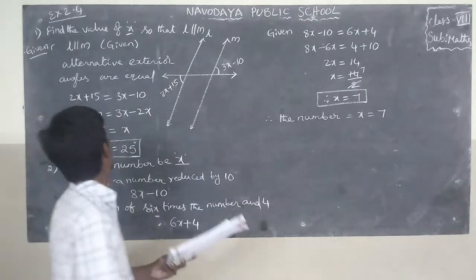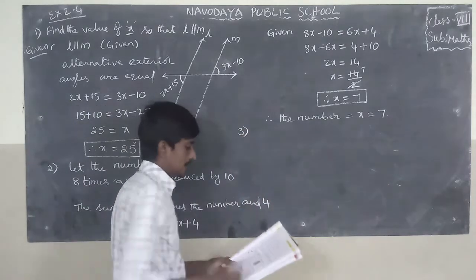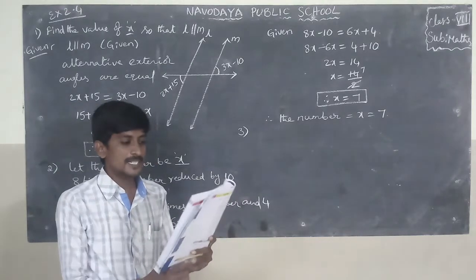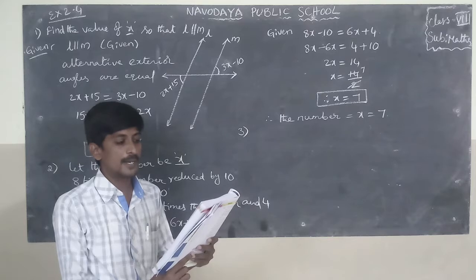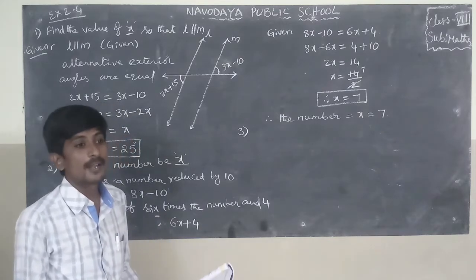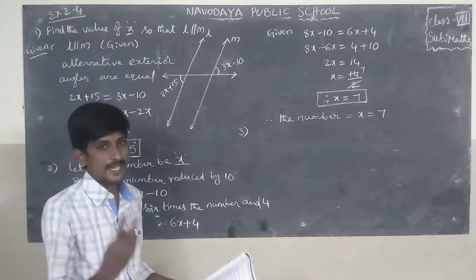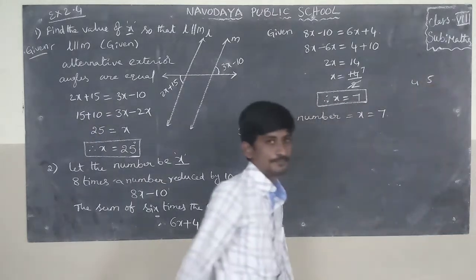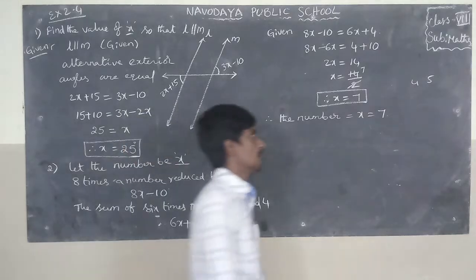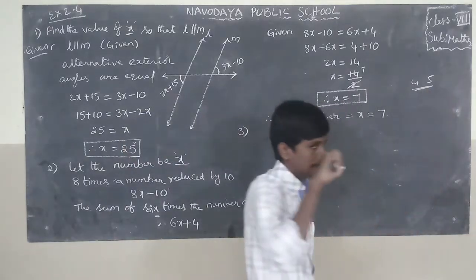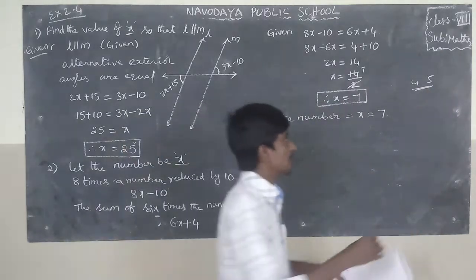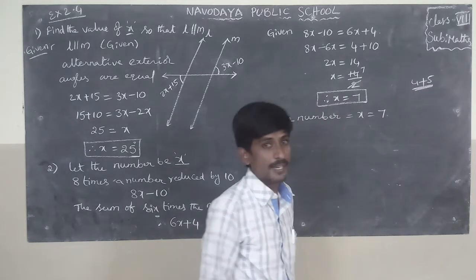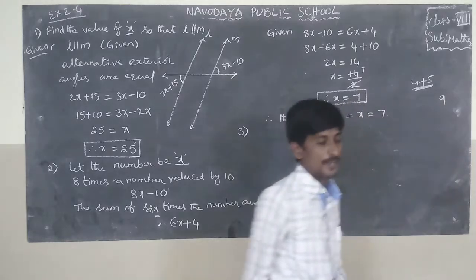Next, the third one. A number consists of two digits whose sum is 9. For example, 45: the sum of the two digits is 9, these two digits added give 9.